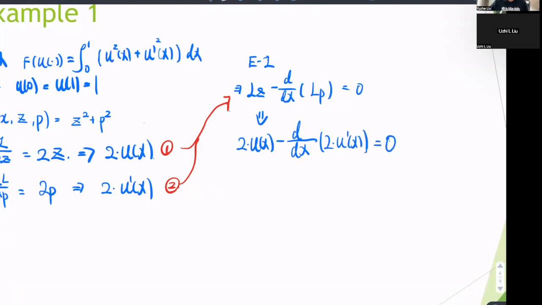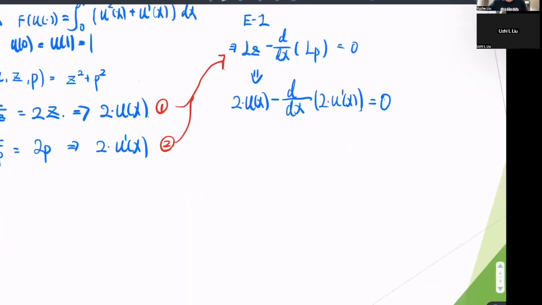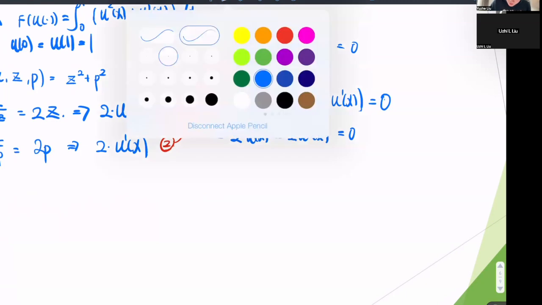To solve this equation, we first solve the partial part, where we take the partial derivative with respect to x first. Notice here u prime of x, if we take the derivative with respect to x, becomes 2u double prime of x equals 0. And here we have an ODE that we need to solve.